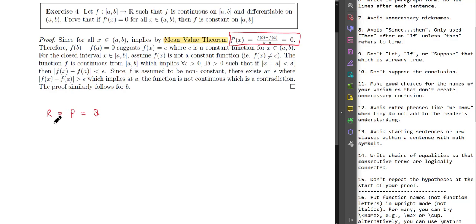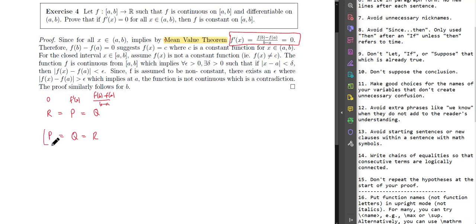So if I wrote down P equals Q equals R, here R is the 0, P is the f prime of x, Q is the difference quotient. The logic is that 0 is equal to f prime of x because of the hypothesis, and f prime of x is equal to this difference quotient by the mean value theorem.